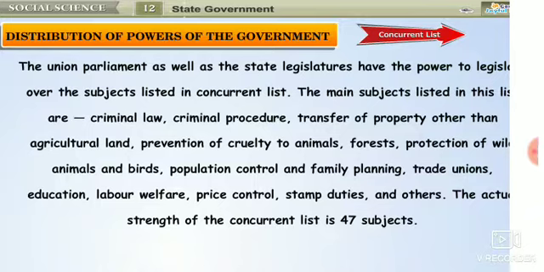The main subjects listed in this list are criminal law, criminal procedure, transfer of property other than agricultural land, prevention of cruelty to animals, forests, protection of wild animals and birds, population control and family planning, trade unions, education, labor welfare, price control, stamp duties and others. The actual strength of the concurrent list is 47 subjects.